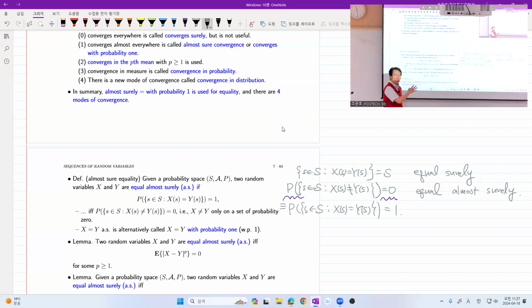So instead of using this one, people prefer using that one. But when we studied the equality of two functions, I preferred using this one with inequality. Why? Because the measure can be infinite in general. But if the measure is always bounded, a finite number like this, then we can just change the form that way. And this gives us equal with probability 1.